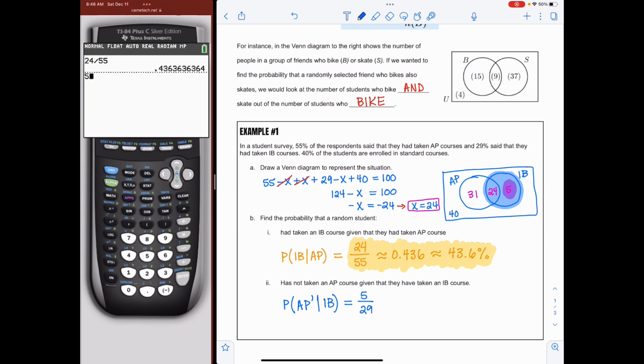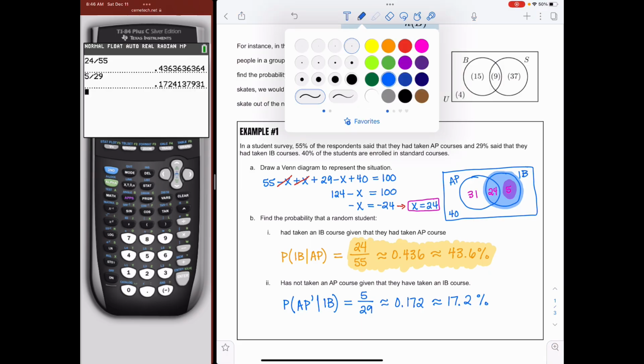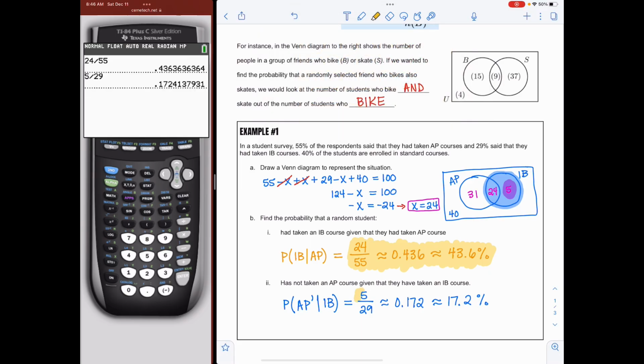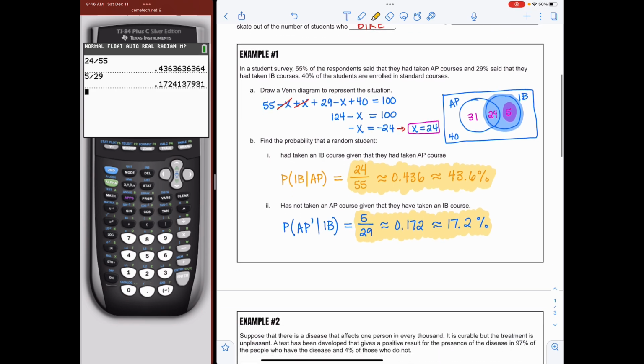And of course, if we do 5 over 29, we do not reduce, but as a decimal, it's going to be 0.172 in 3 sig fig, which is approximately 17.2%. All right. So that is that one.